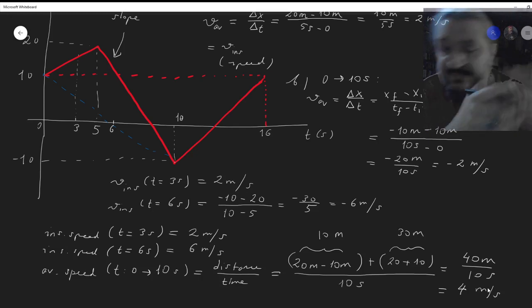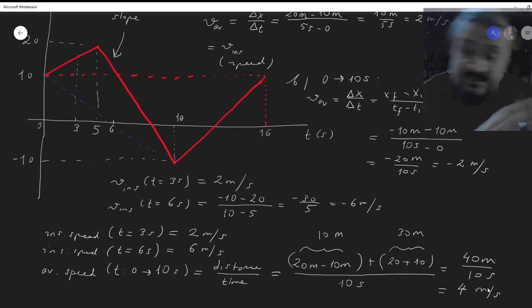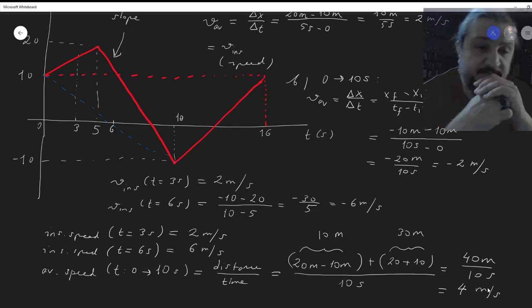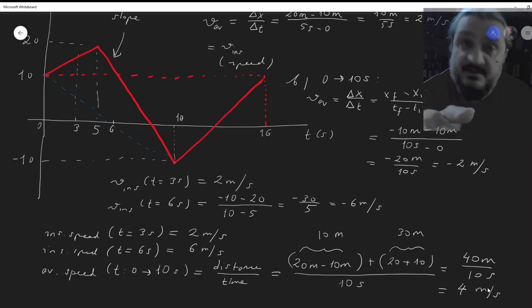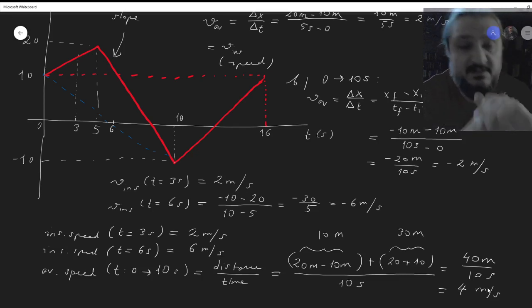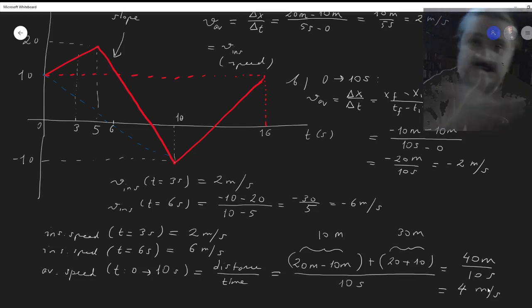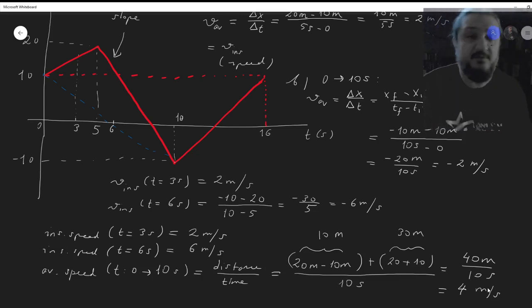Now this indeed happens to be the average of 2 and 6, but that's not always the case. This happens in this case because we have equal time intervals, 5 second intervals, but that's not always the case. So never add the speeds and divide by 2 or 3, whatever segments you have. That would be a mistake.